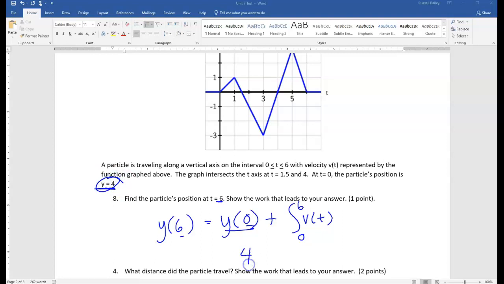So this is going to be 4 plus, how do I find the integral of v of t from 0 to 6? No, Gabriel, it's not v prime, it's just v. Just v. So, to do this integral, I would need to find the area under the curve from 0 to 6. So I need to find this triangle's area, this triangle's area, and this triangle's area. So this guy here, that's going to be 1.5 times 1 cut in half, which would be 0.75, I think.